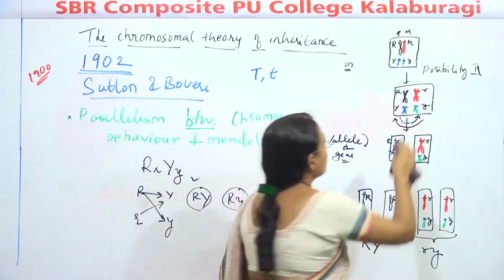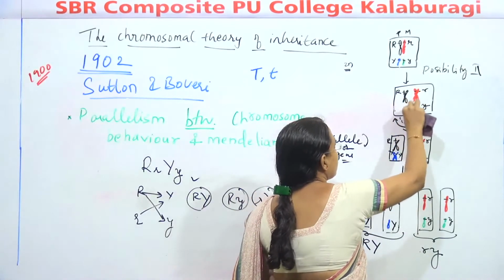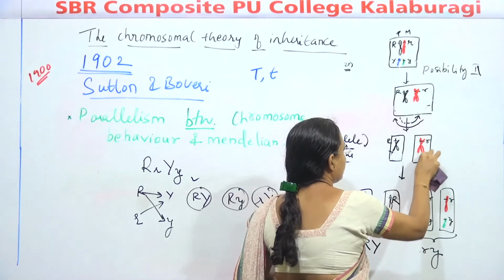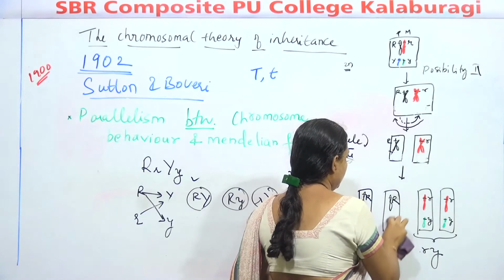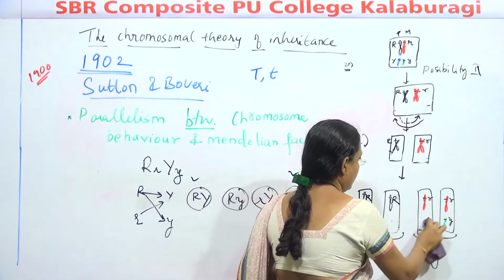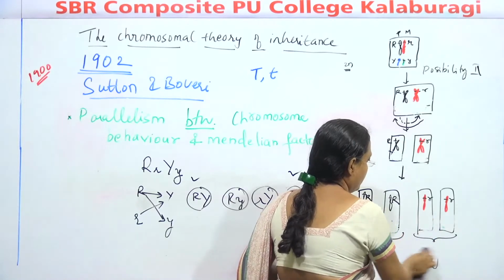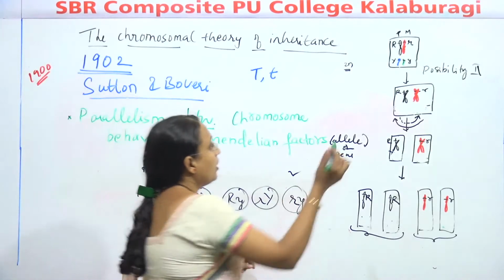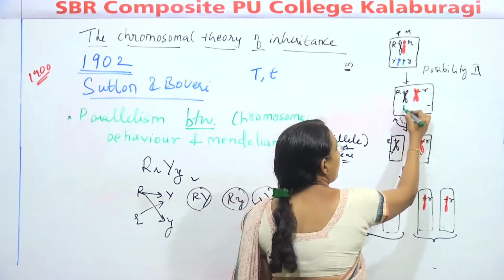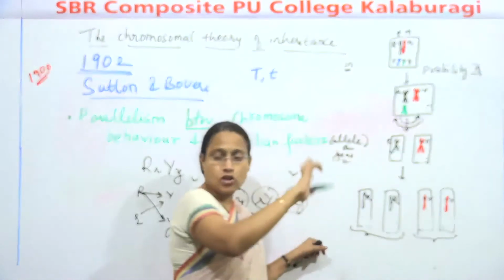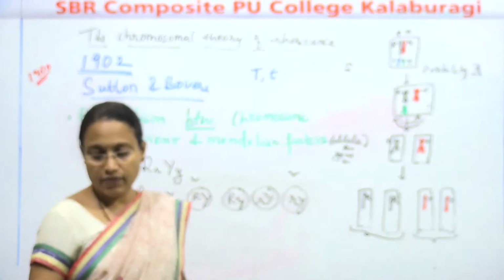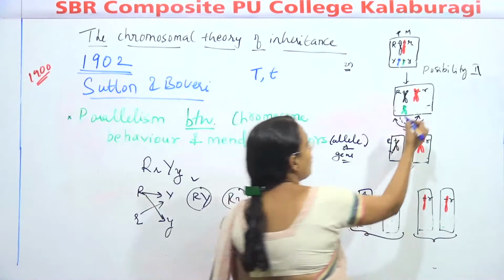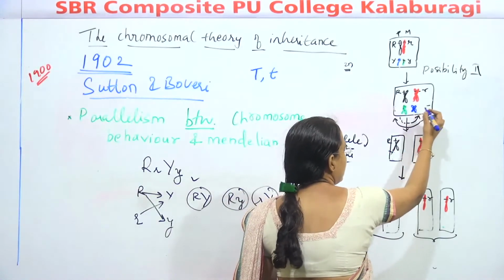Because of this, the small y arranges itself in the opposite direction, and the bigger Y assorts in the other direction.